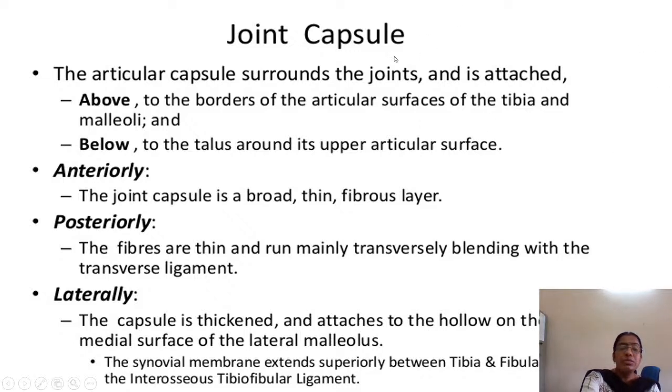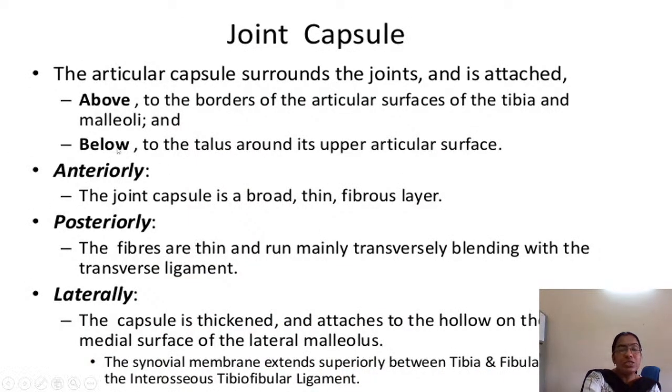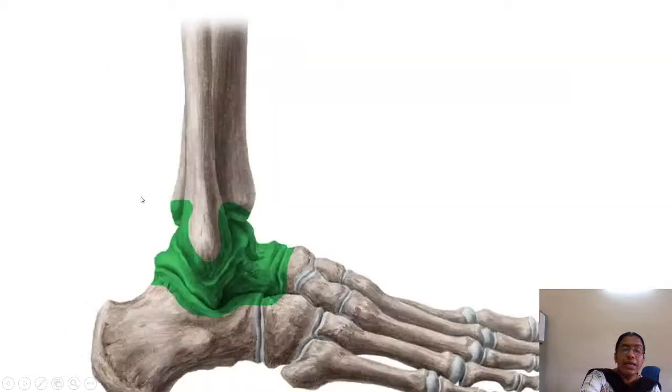After this, when you see the capsule anteriorly and posteriorly, it is thin. Anteriorly the joint capsule is a broad, thin, fibrous layer. Remember, anteriorly the fibrous capsule is thin.